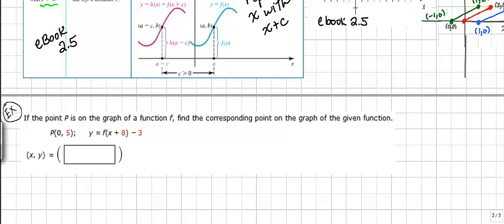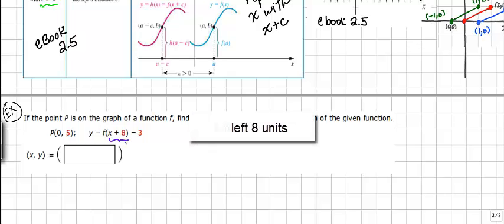So what I see before me is x plus 8 replaces x in f of x. That moves the graph left 8 units. I complete that operation, and then I work my way inside out and subtract 3 from the entire function. It means I'm going to move down 3 units.